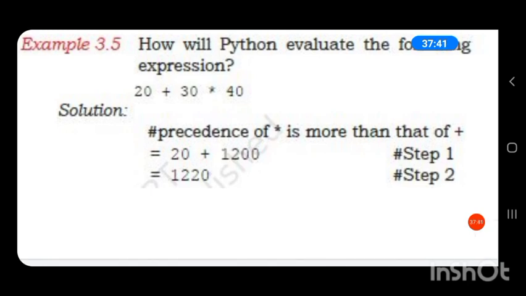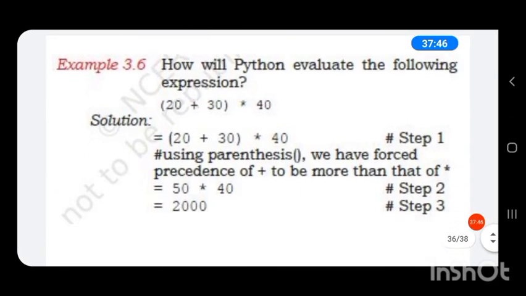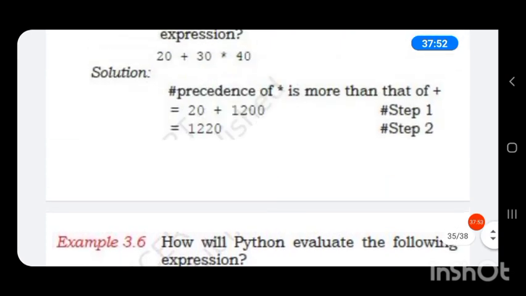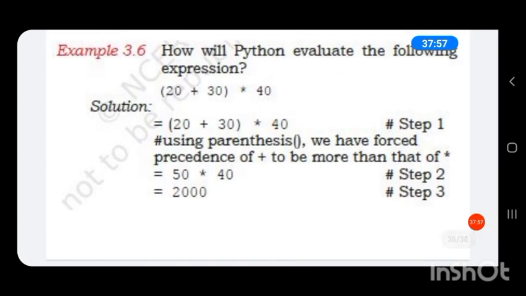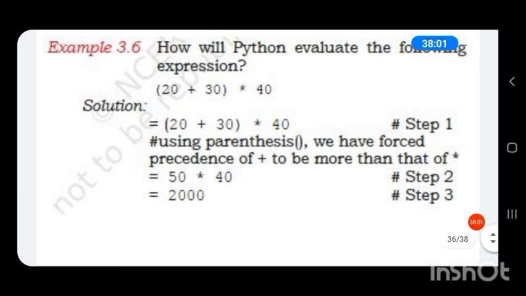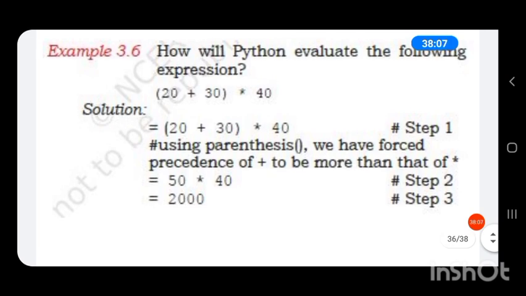If two operators are there, then the highest priority operation will take place first, then the lowest priority operation. Let us see how Python will evaluate the following expression. Here we have the same numbers, but the difference is that we have included a bracket. So 20 plus 30 is inside the bracket and into 40. Higher priority goes to the bracket.